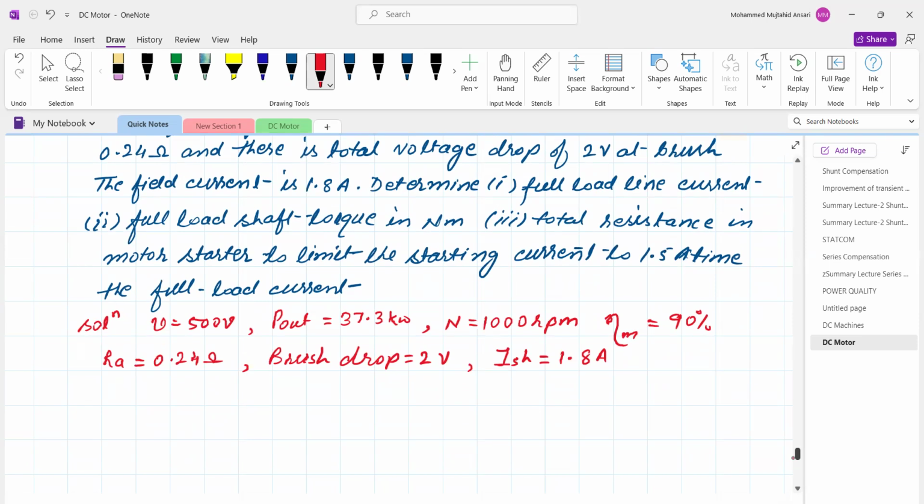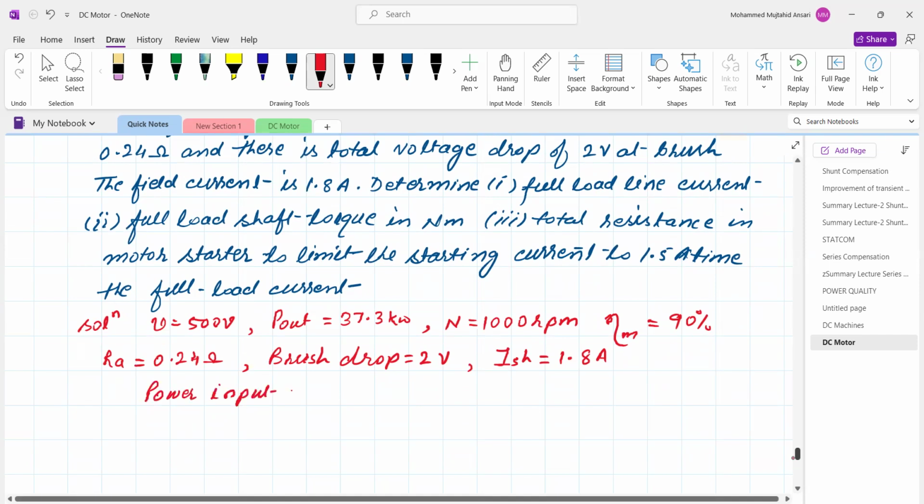as we know the efficiency is given, so you can find the input power. So power input is equal to output divided by efficiency, which is equal to 37.3 divided by, in percentage, so it is 0.9.